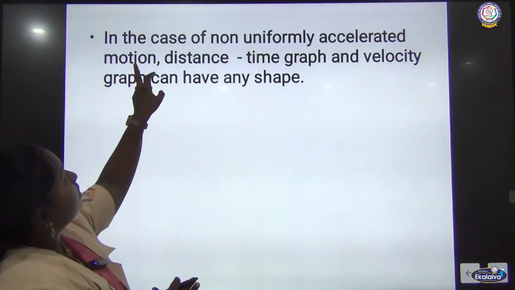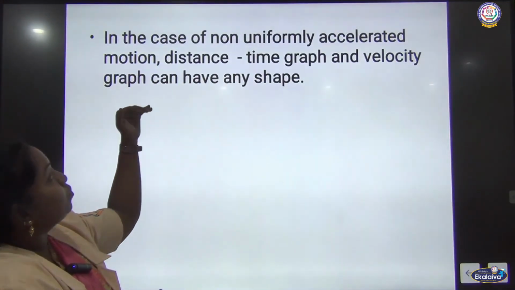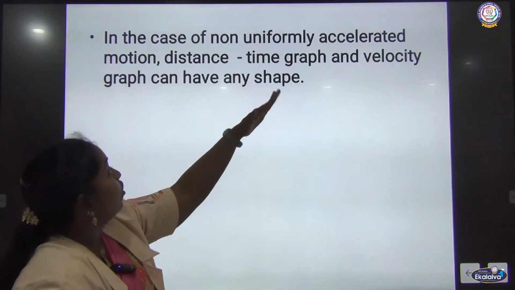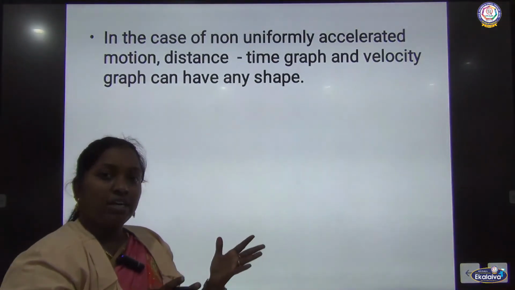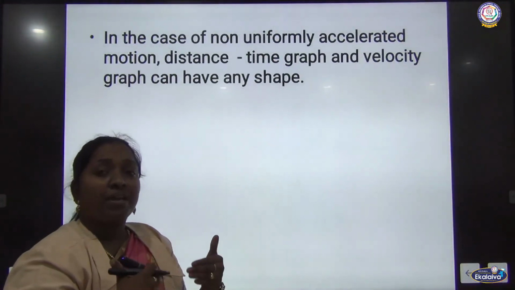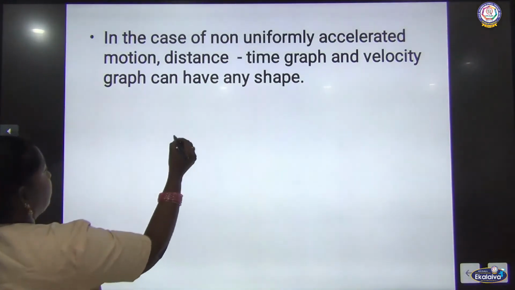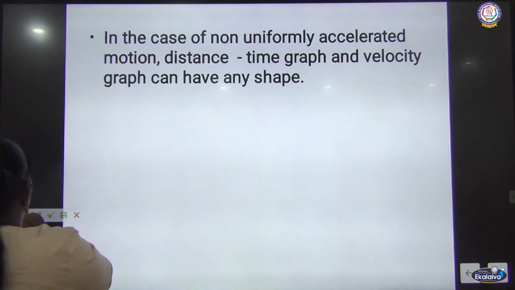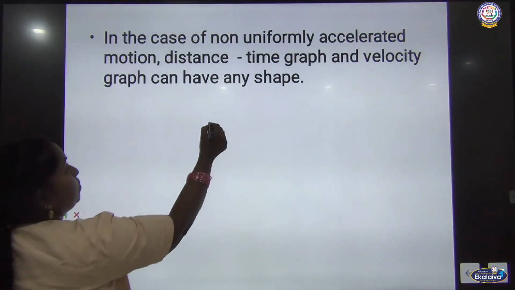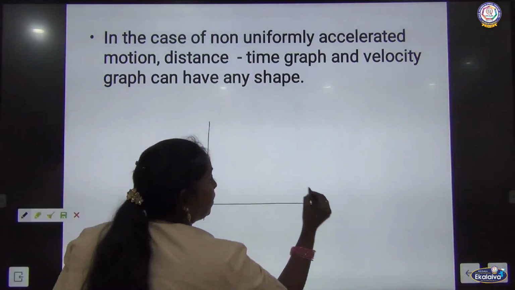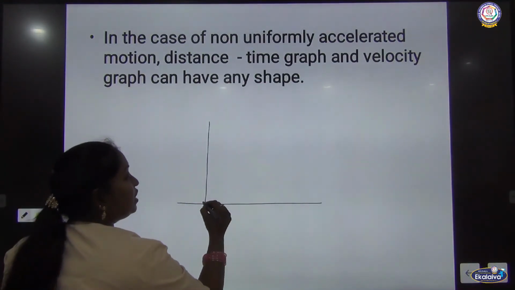Now we are going to see the case of non-uniform accelerated motion, in a distance time graph or velocity time graph. Non-uniform motion may be shown in a distance time graph or a velocity time graph. Do you remember the distance time graph?